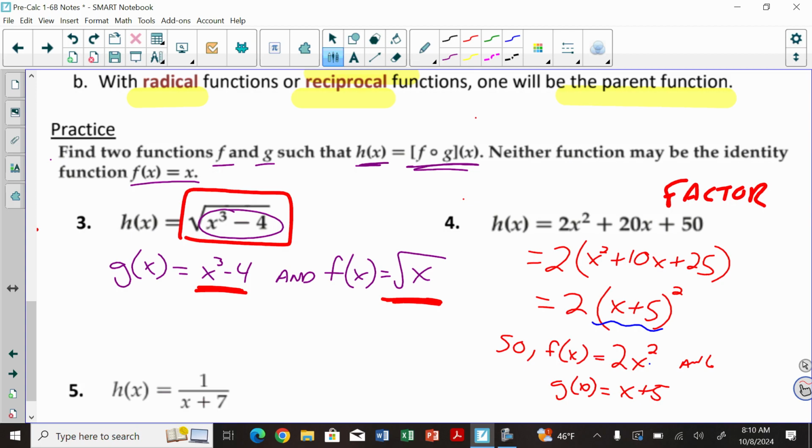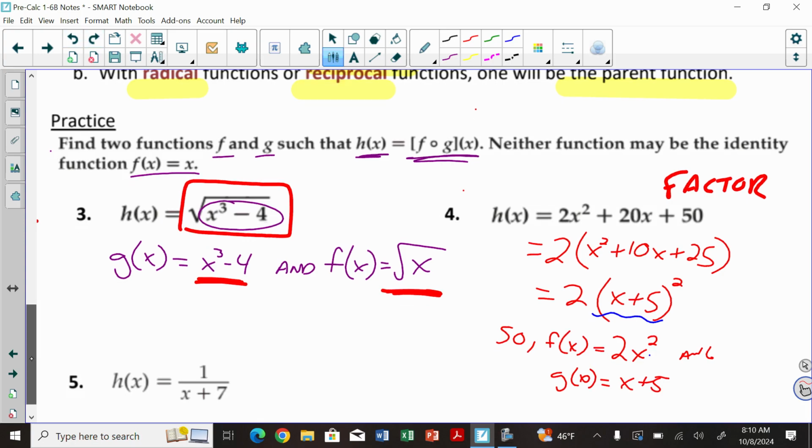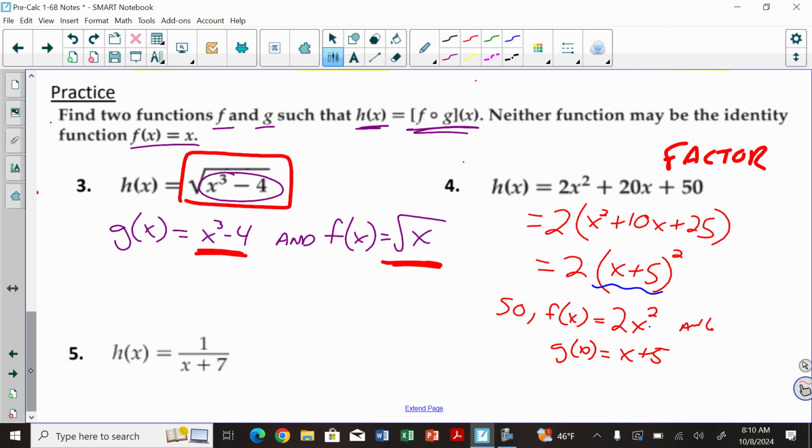If I took this x plus 5 and plugged it in this x here, I would get this action right here. So that's what I want to do, separate it into that stuff, okay? Decomposing these functions, okay?